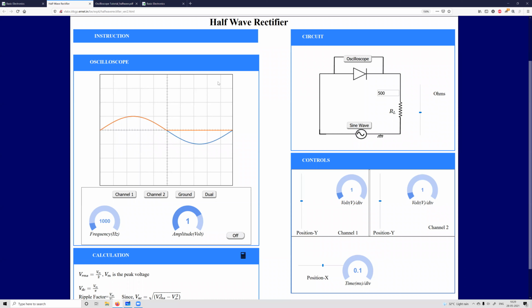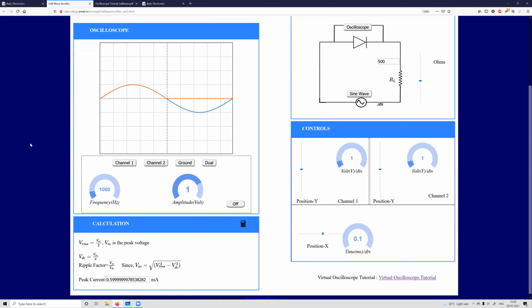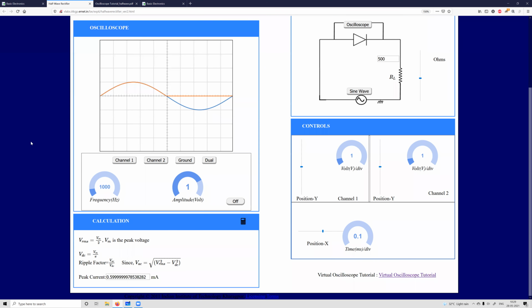Any questions regarding this? Anything you want to ask?